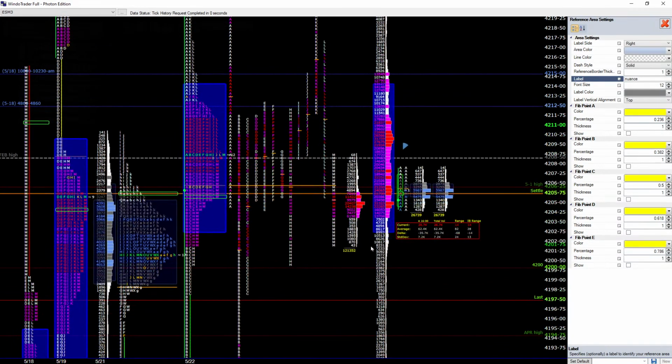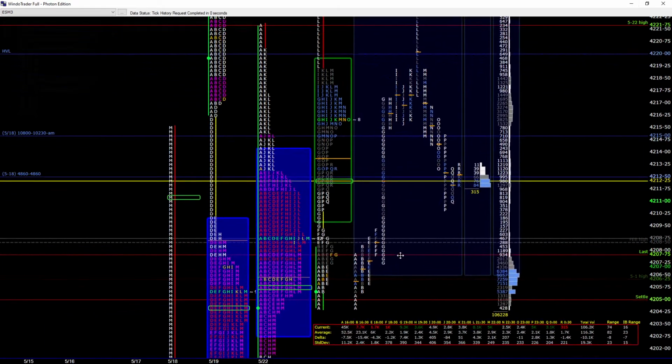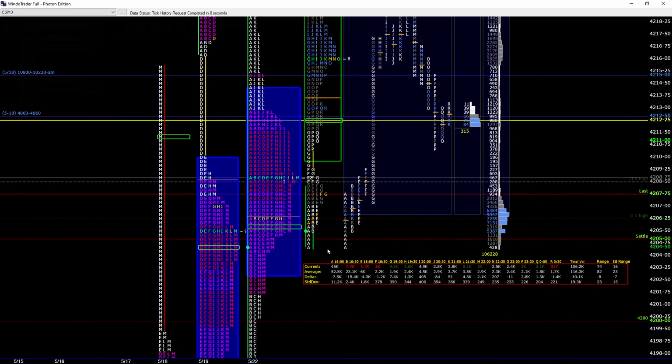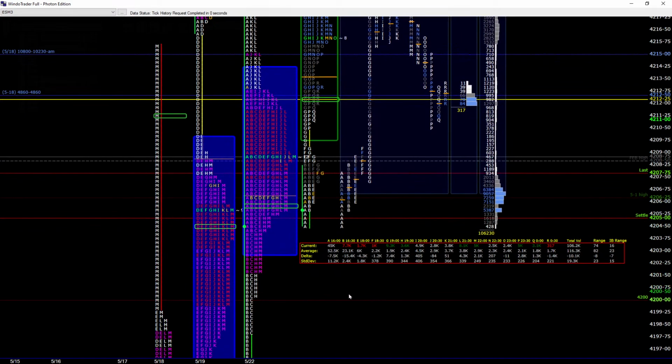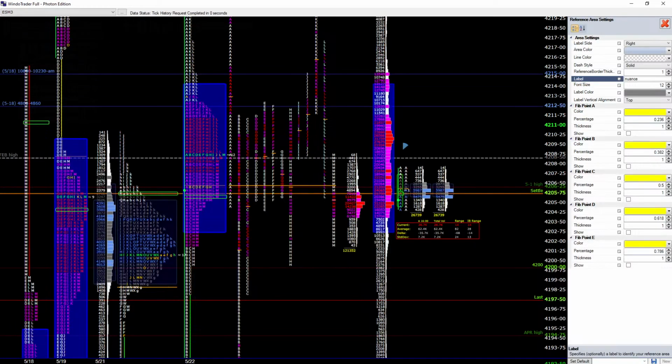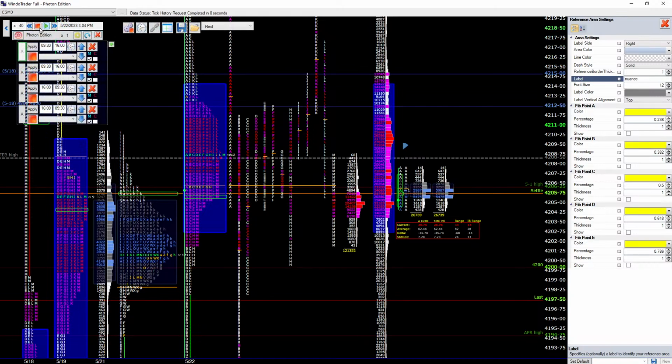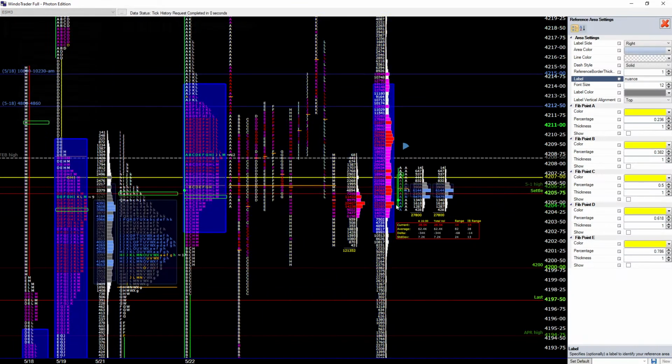The lower side, you have this weakness, this weak 42.25, where it is 102. This one in the lower side, this is a weak level in the upper side. And this is the overnight now.